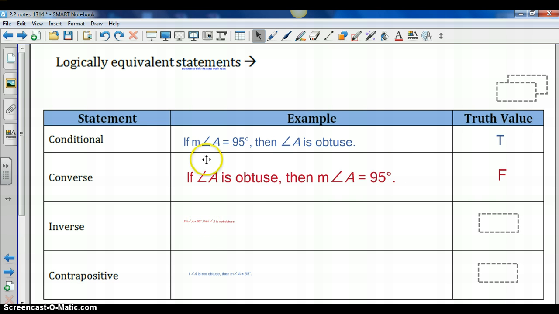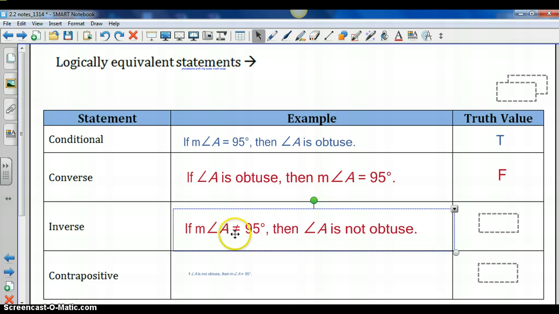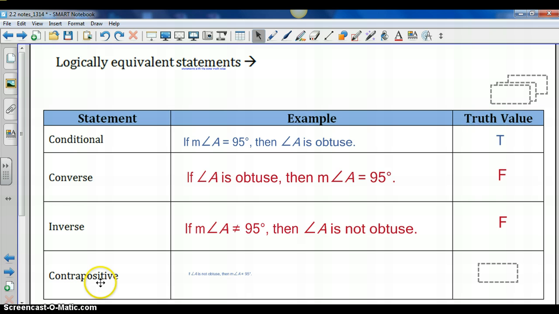The inverse goes back to the original and just changes to not 95 degrees and not obtuse. If the measure of angle A is not 95 degrees, then angle A is not obtuse. I can think of a measurement that is not 95 that is still obtuse, so this is also false. And then our contrapositive changes the order and negates the statement.